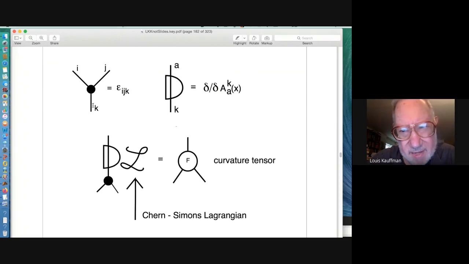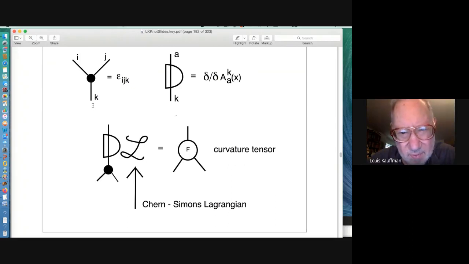And then it turns out, and this I shall not prove, that the derivative of the Chern-Simons Lagrangian is the curvature. And the curvature coefficients are the coefficients of dA plus A wedge A. I'll say a little more about curvature, but that's what it turns out to be, only not quite. You have to switch the indices around, and that's what epsilon does for you.